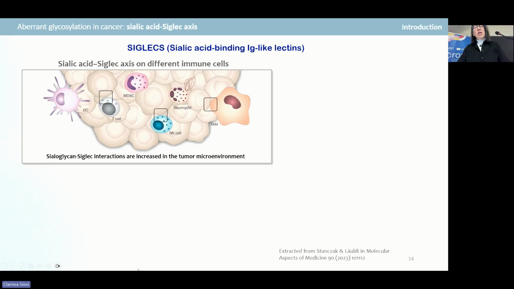When we look at the tumor, we see that there is in general an increase in sialoglycan and Siglec interactions in the tumor microenvironment.